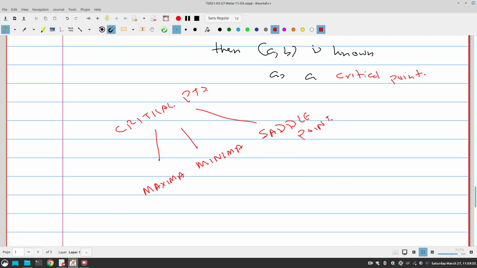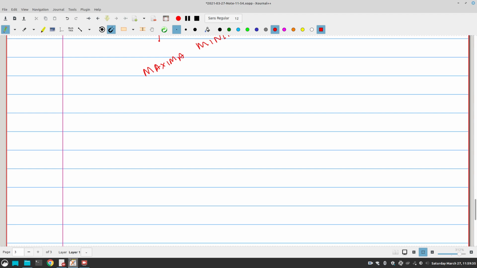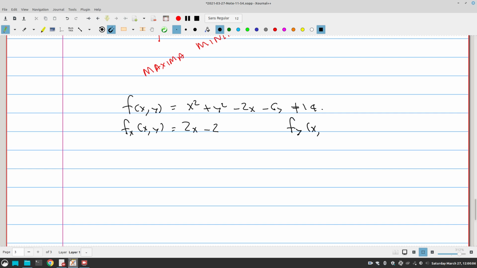Okay, so let f of xy be the function x square plus y square minus twice x minus 6y plus 14. Then f sub x of xy equals twice x minus 2, and f sub y of xy equals twice y minus 6.